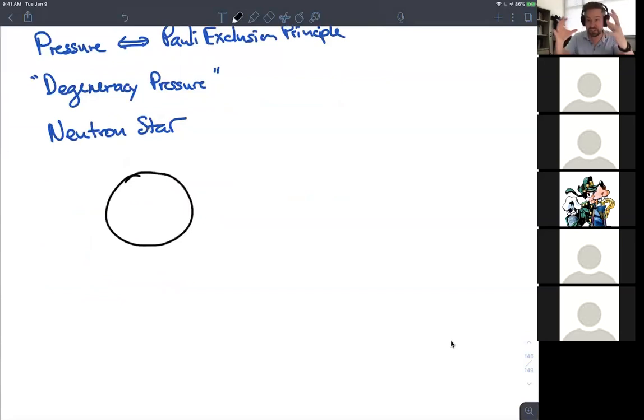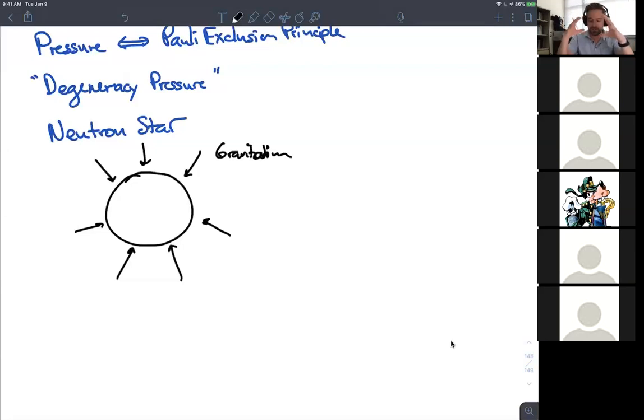And it's really massive, right? So this thing is really massive, and gravity is trying to crush this thing. So gravitation is trying to make the core of the star collapse. And at this point, the star's run out of fuel.